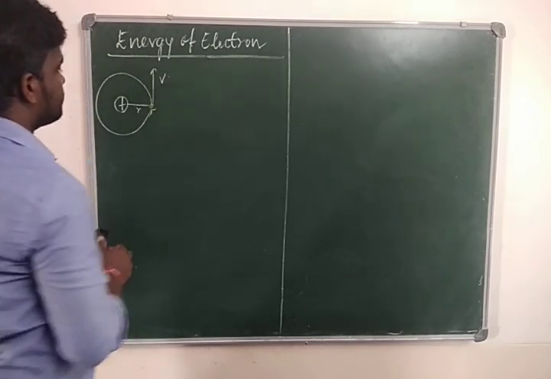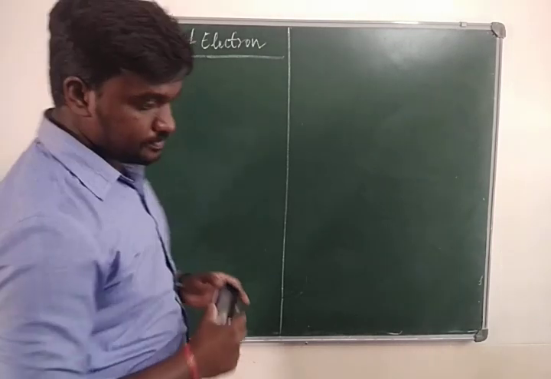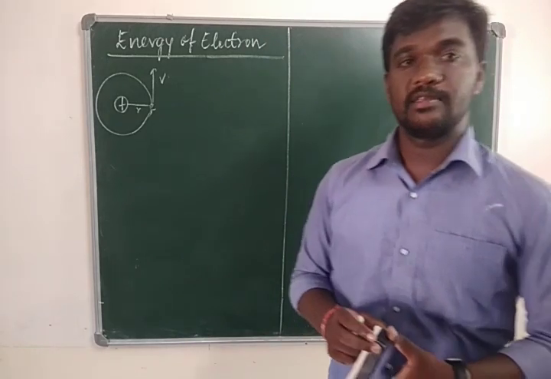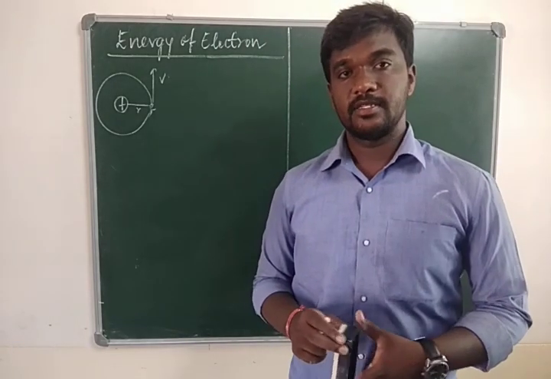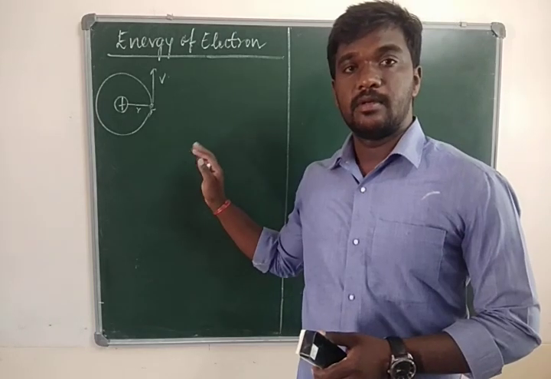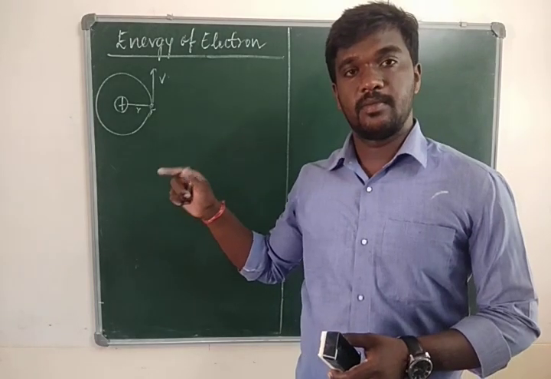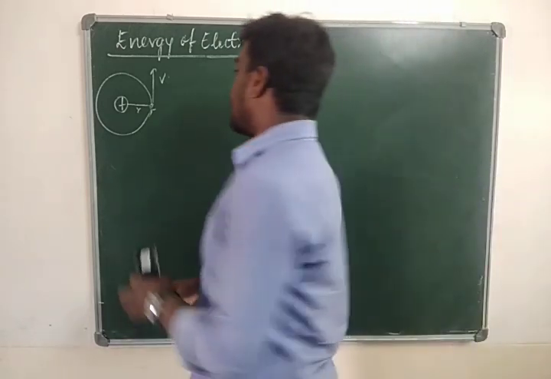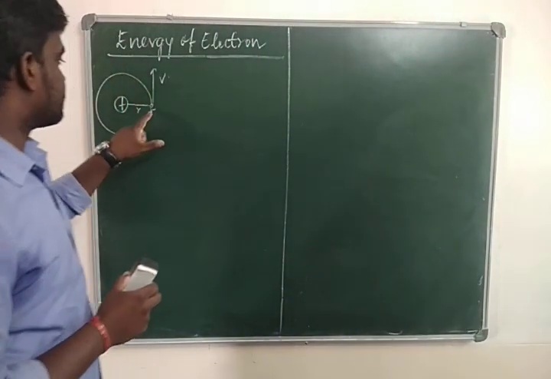Okay, so we discussed how we derived the radius of the electron and the velocity of the electron. Now let us derive the energy. The electron has some amount of energy, that is what we are deriving.